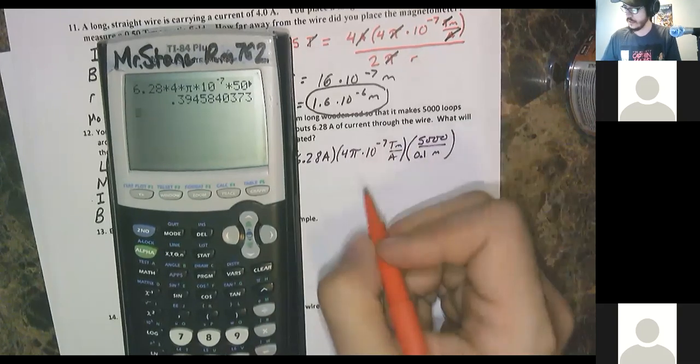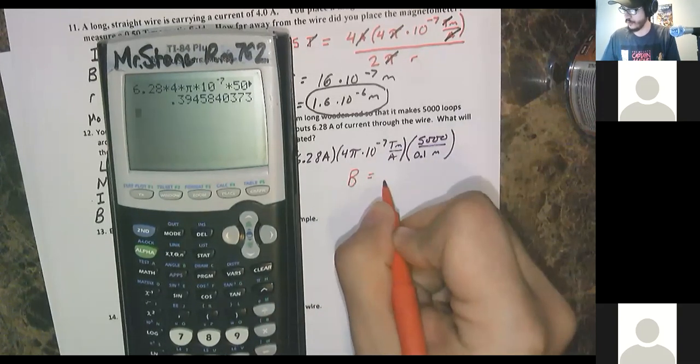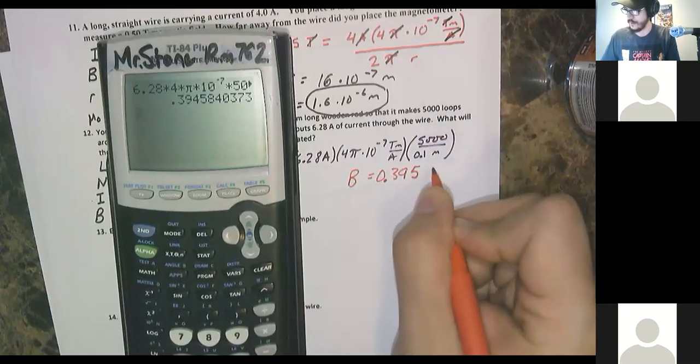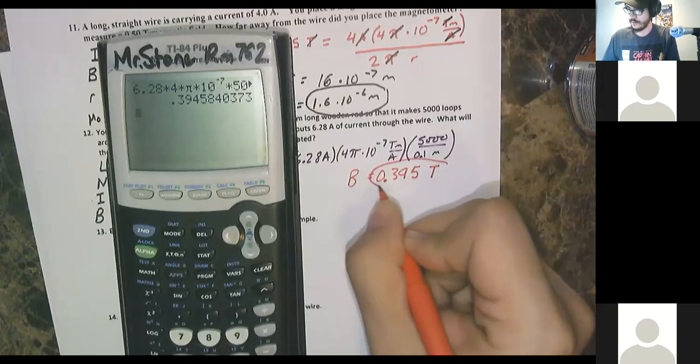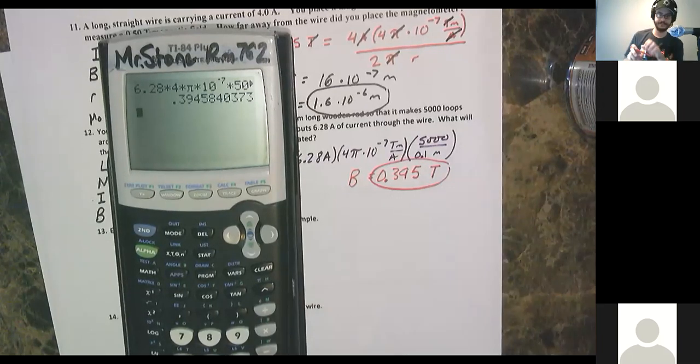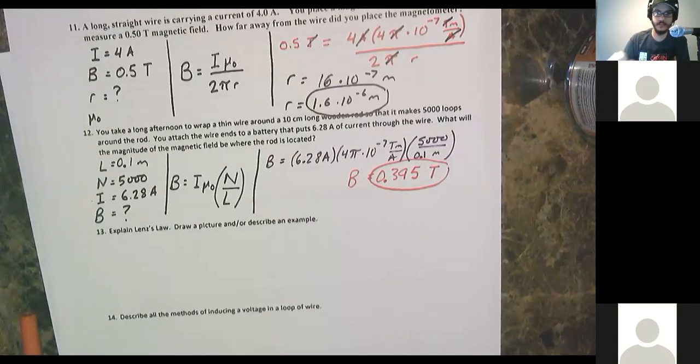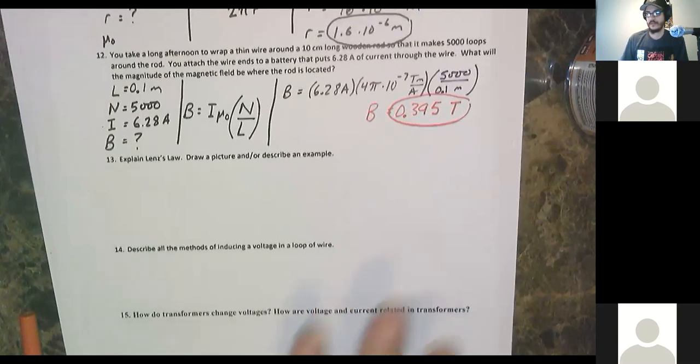And we get a magnetic field of 0.395 Tesla. Easy stuff.